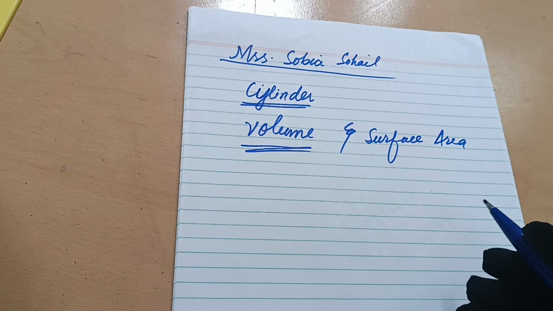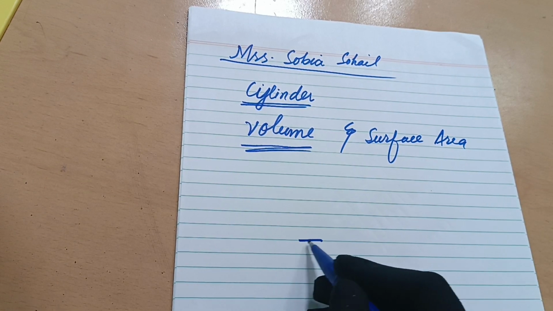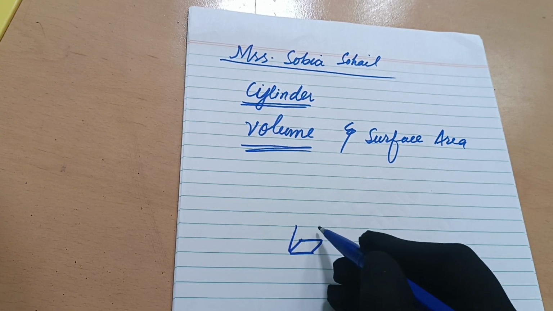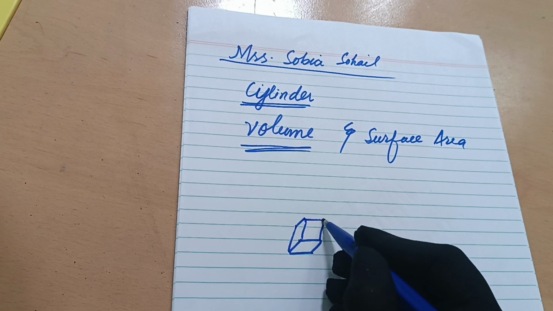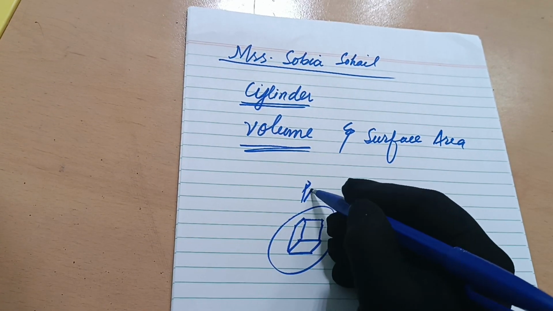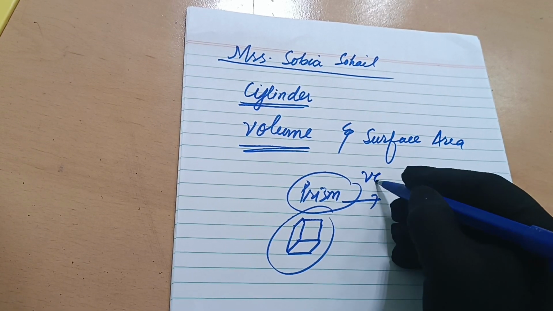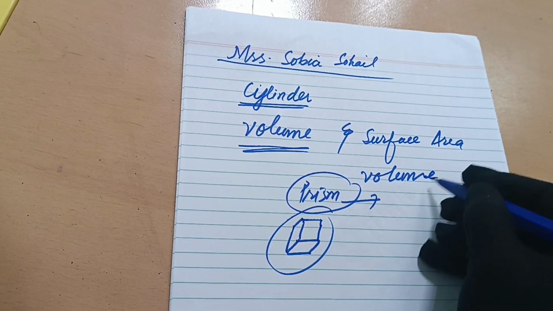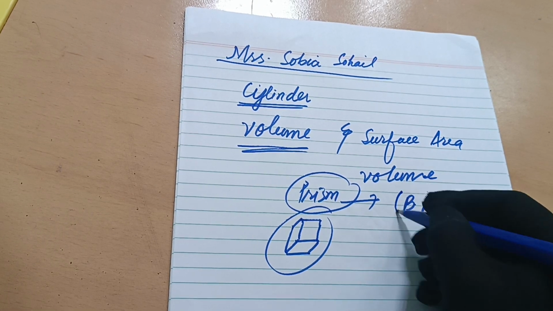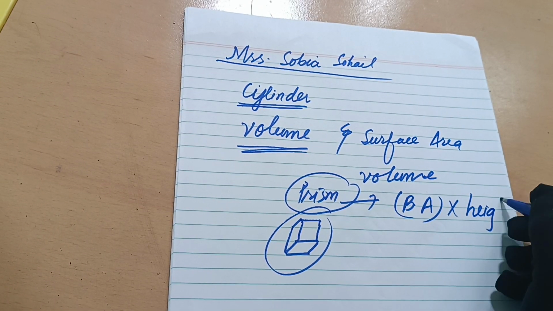Prism means any regular shape like this one taken to a height. All these shapes are called prism, and the volume of a prism has only one specific formula, that is base area taken to the height.